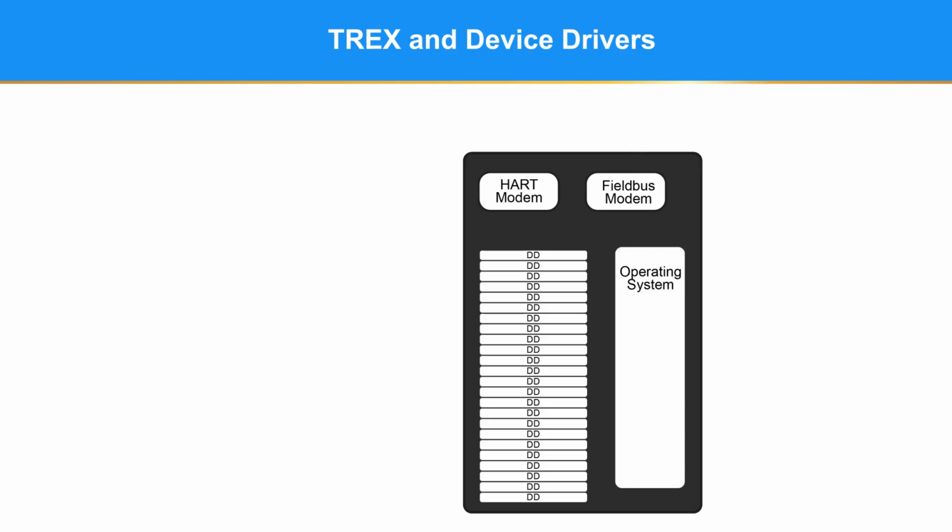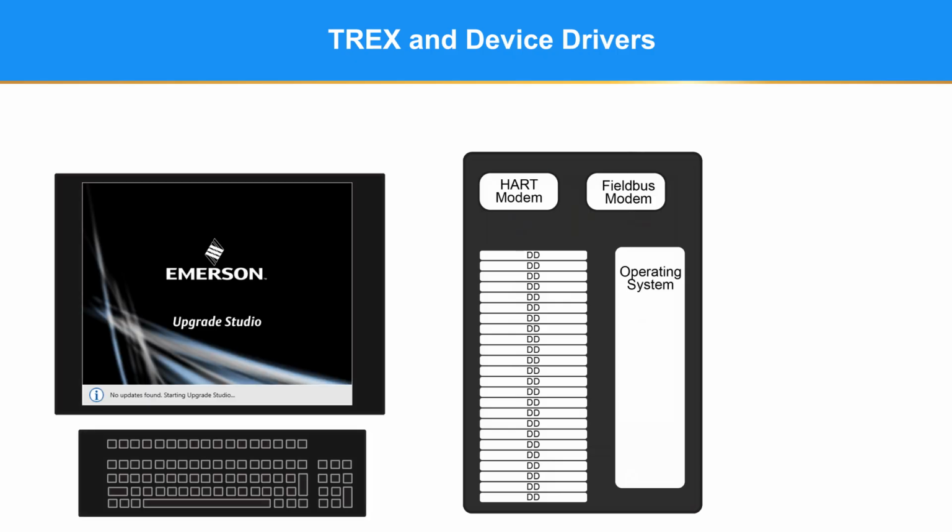The TREX is shipped with the current operating system, optional apps, an Emerson selected DD library, and a minimum 1-year, 3-year optional support. This support includes a subscription that allows the user access to new operating systems and the complete FieldComm DD library using the Emerson Upgrade Studio software. Upgrade Studio is hosted on an Emerson cloud.